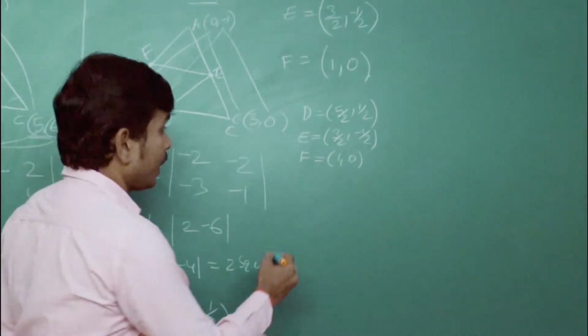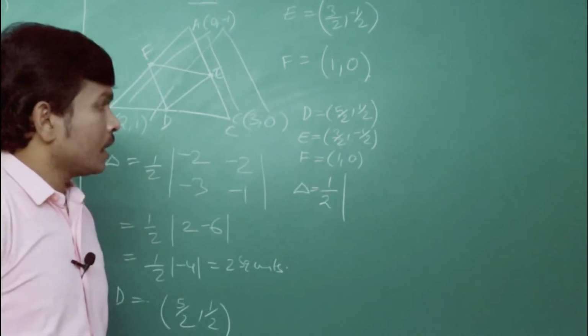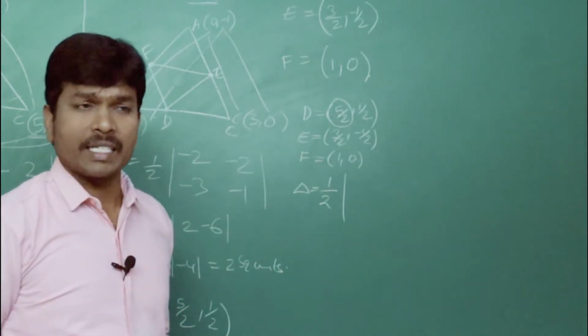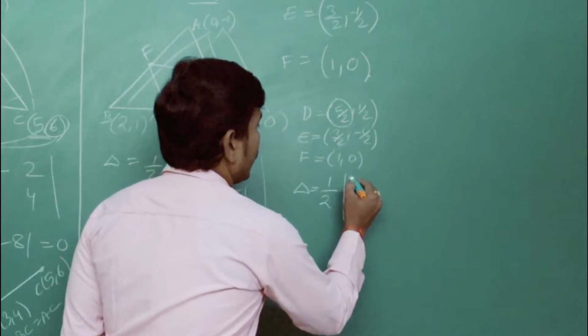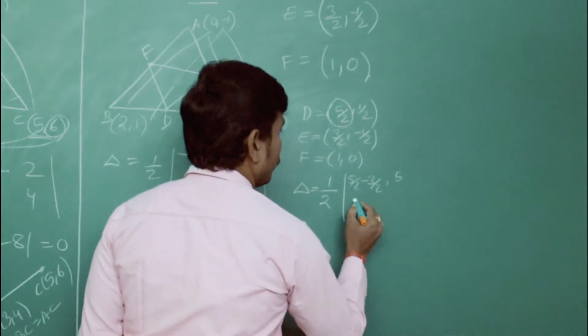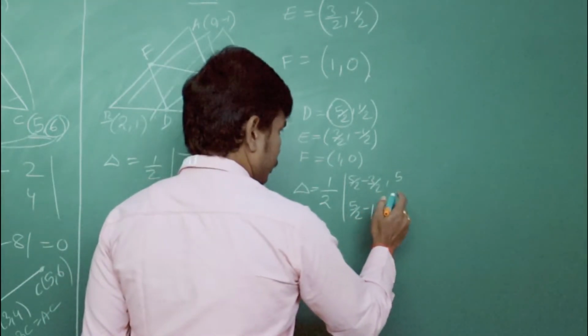Okay, now can you find the area of DEF? I want the area of DEF. Same as before. D we will take as the reference point. 5 by 2 minus 3 by 2, 5 by 2 minus 1.